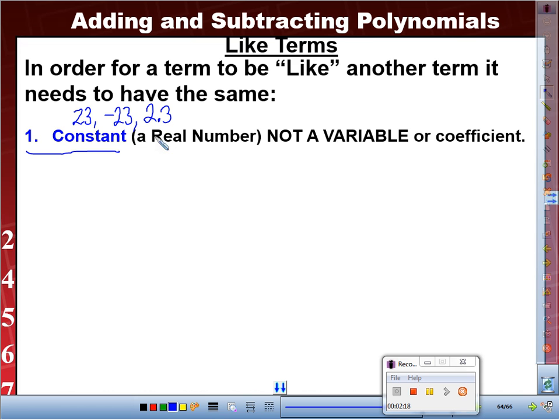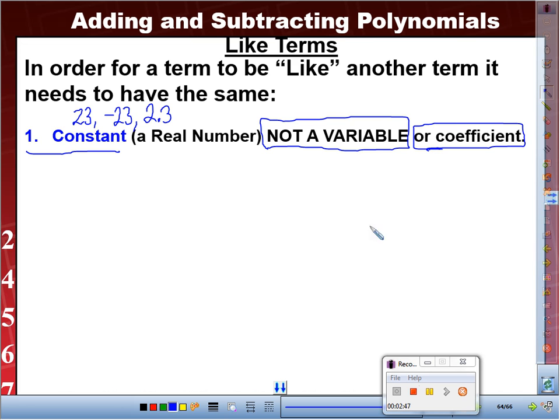All those are real numbers. That's why those are called constants. What do you notice from those examples that I gave you? They do not have a variable. Once again, constants do not have a variable. They cannot be a variable or a coefficient.